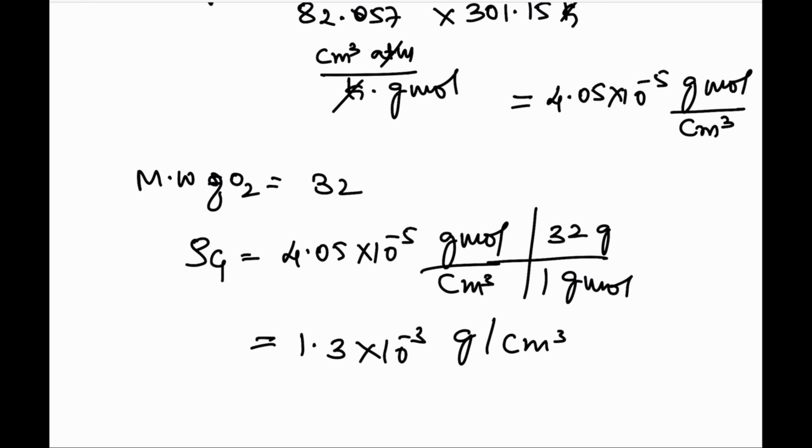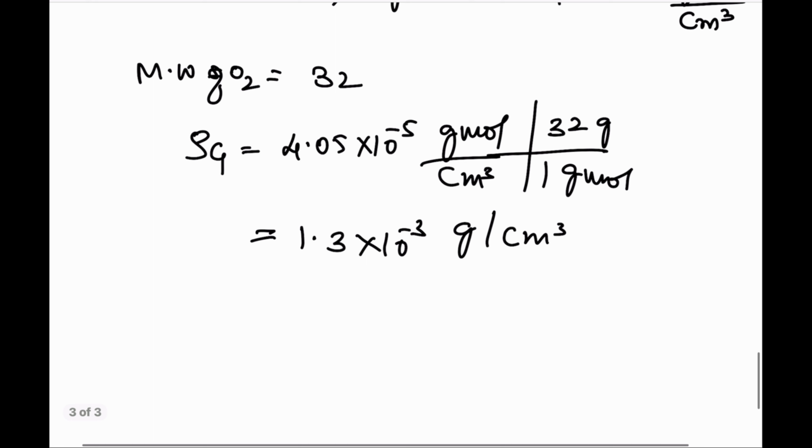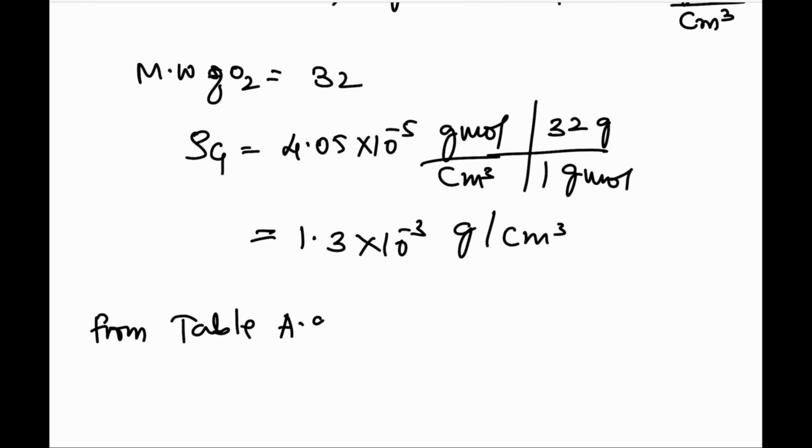Now the given viscosity we obtained is in centipoise, so that also we need to convert into gram per centimeter second. From table A9 in appendix A, we know that 1 centipoise is nothing but 10 raised to minus 2 gram per centimeter second.